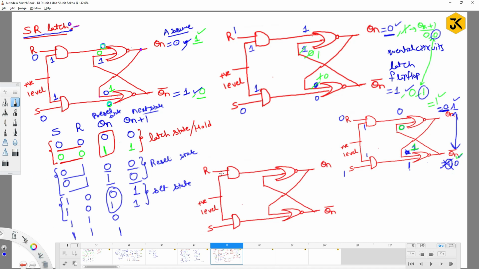Here if I give S as 1, R as 1, and you know these clock signals are always 1 based on the level of triggering we are using. So here you are going to get 1, here also you are going to get 1, right? So in a NOR gate, 1 with any operation, what is going to happen? Always 1, sure, right? So try to evaluate.